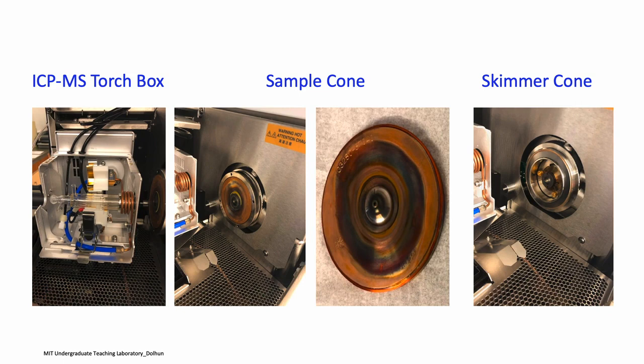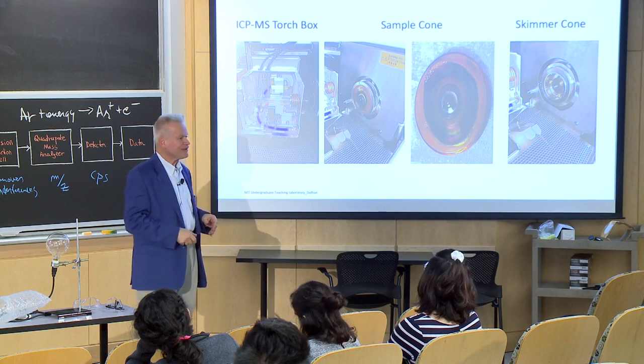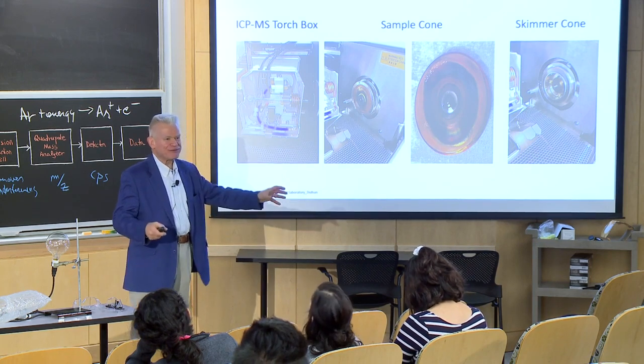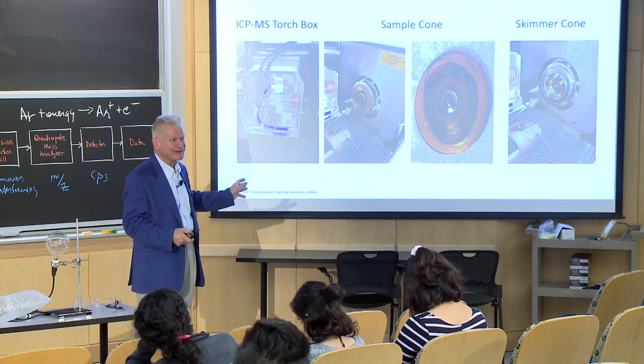So what I did is push a button here and move this back to reveal the sample cone. Now, think about this. Inside of this box, you've got like 6,000 Kelvin going on in there. Outside is room temperature. It's like putting the Earth a couple miles away from the sun. That's what you're doing here.